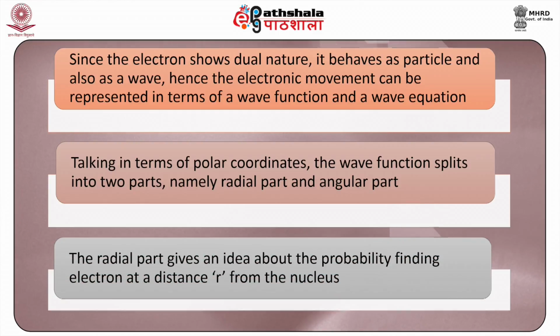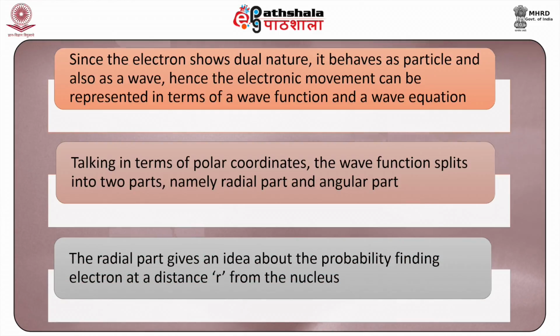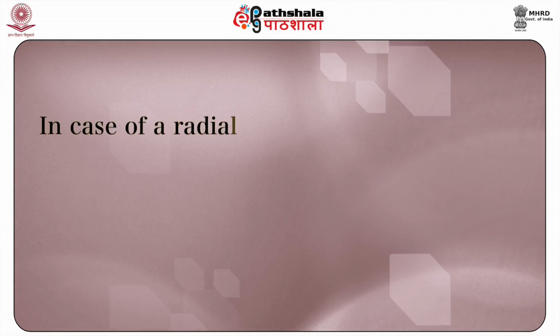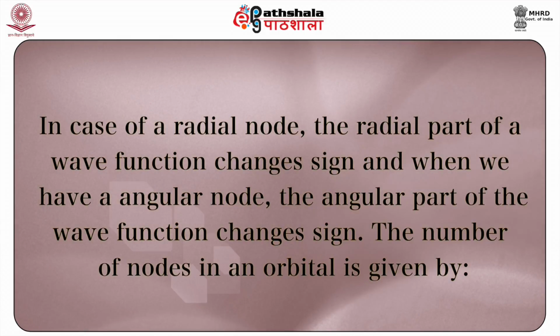The radial part gives an idea about the probability of finding the electron at a distance r from the nucleus. In case of a radial node, the radial part of the wave function changes sign, and when we have an angular node, the angular part of the wave function changes sign.